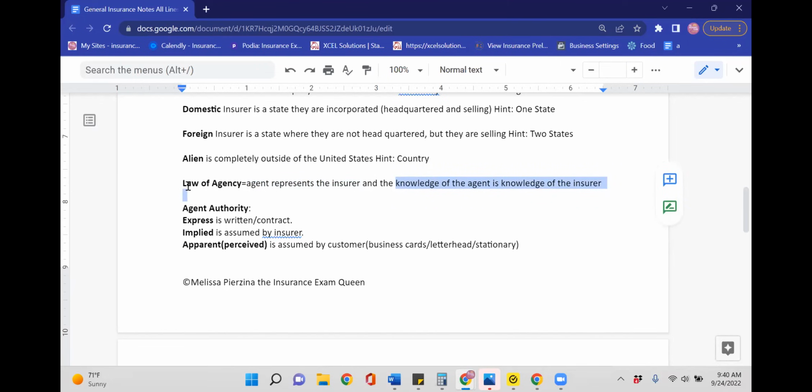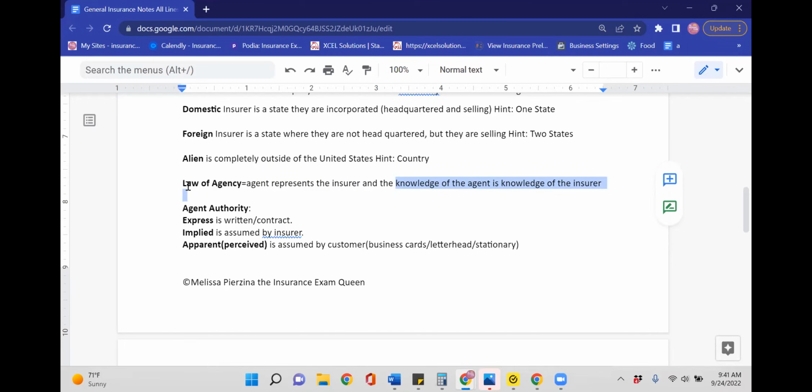The other thing about the law of agency that they like to ask is that the knowledge of the agent is knowledge of the insurer. Just like I said, if I'm wearing the State Farm polo and the khakis and a customer comes to talk to me, whatever I am telling them, they're hearing from State Farm. I am State Farm in the customer's eyes.